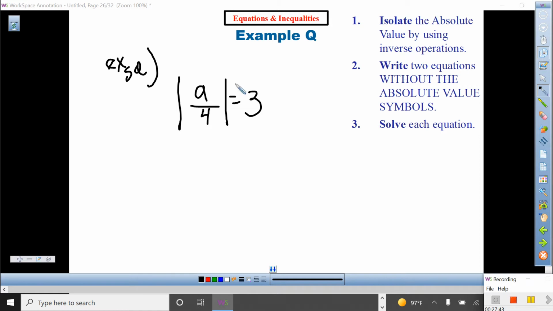Alright, let's see. Line down the equal sign. Step 1, do we have the absolute value by itself?